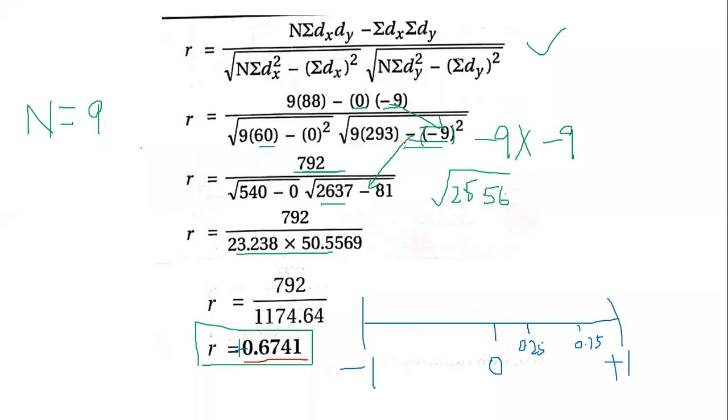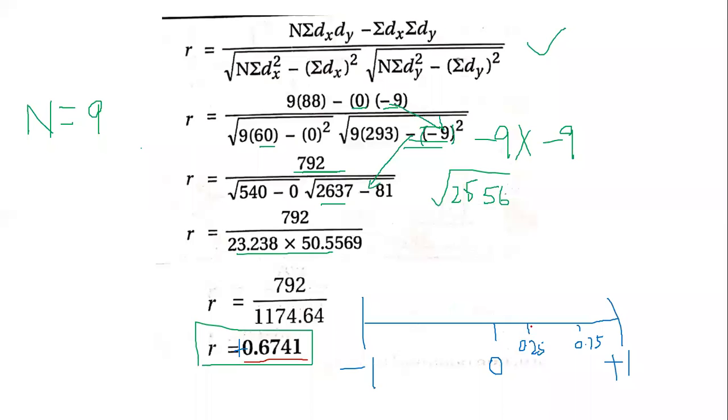Should I put it from 0 to 0.25 or 0.25 to 0.75? Or the last sector, 0.75 to +1? You people have to answer. The value should be considered between 0.25 to 0.75. So this is where the correlation coefficient must be given.